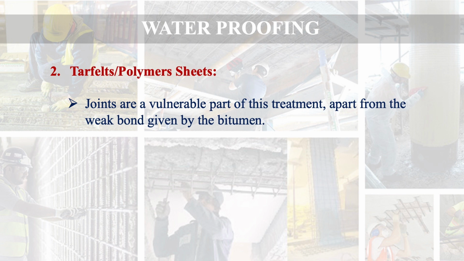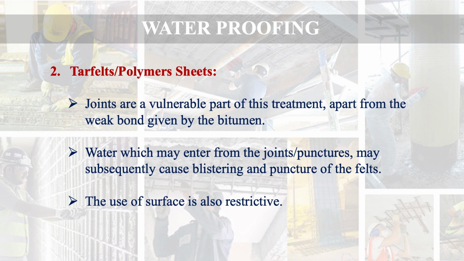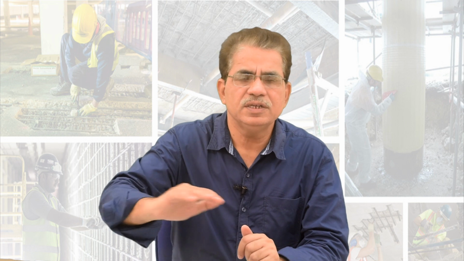Another one is water which may enter from the joints or punctures, which may subsequently cause blistering and puncture of the felt. Another problem is that the use of the surface is also restricted because there are chances of puncture, so you cannot use the surface. You cannot walk over it. So the use of the surface is limited, restricted.